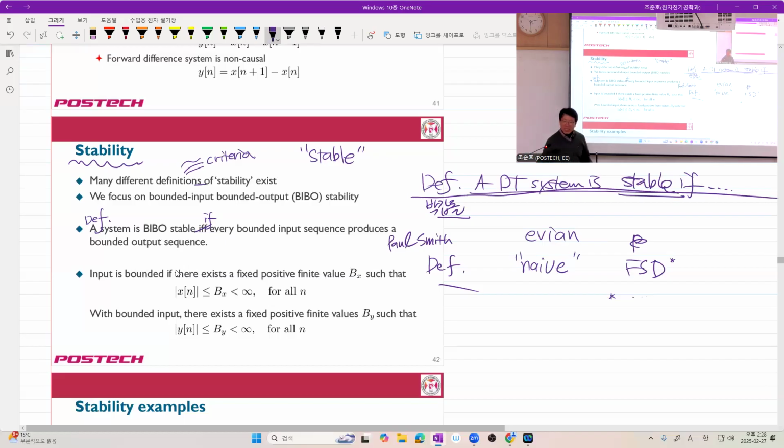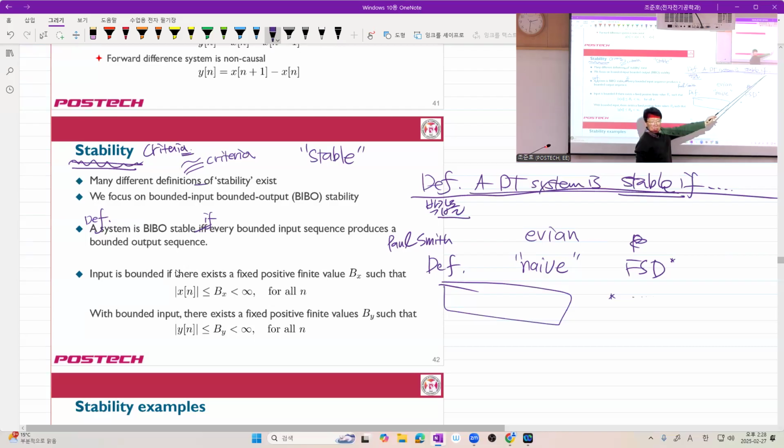So Pak Abdul defines a stable system in this way. Paul Smith defines a stable system in another way. So here, the important terminology you have to remember is different criteria. Criteria is the plural version of criterion. So Pak Abdul's criterion says that a DT system is stable if this condition is met. Paul Smith's criterion defines stability as something else. Got it? So there could be many, many different criteria under the same name.